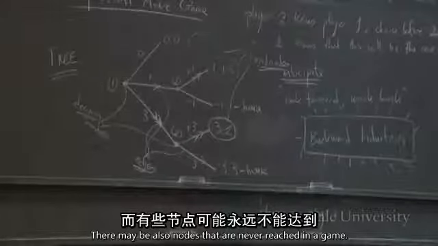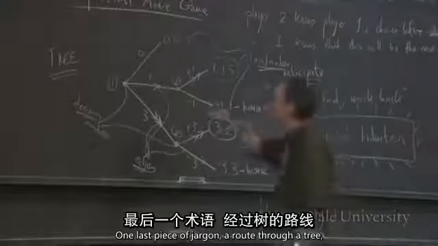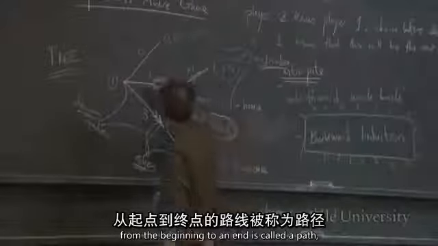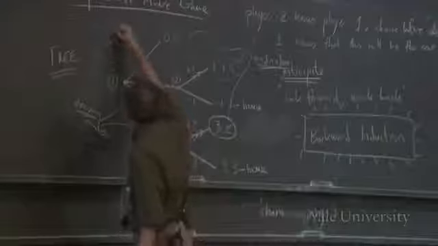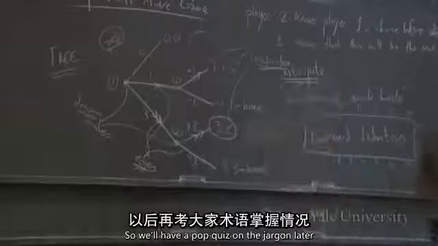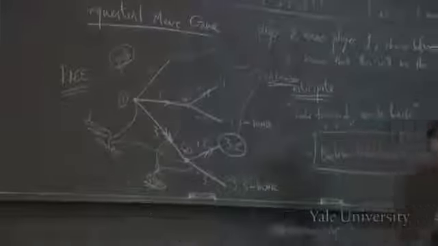There may also be nodes that are never reached in a game. One last piece of jargon, a route through a tree from the beginning to an end is called a path. A way of getting through the tree from the beginning to the end. So we'll have a pop quiz on that jargon later, and now let's play the last game I want to play. We've got 10 minutes, right?